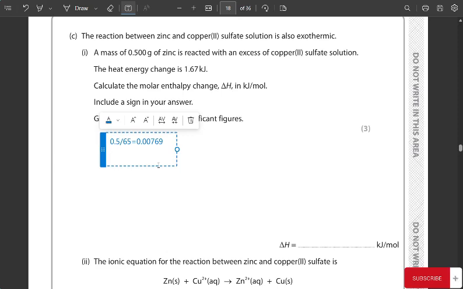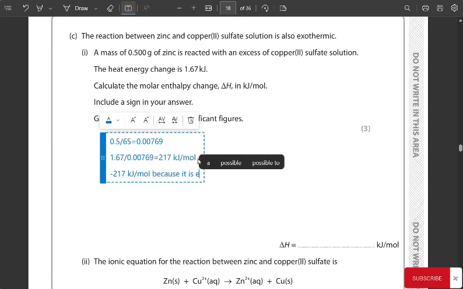The heat energy change is equal to 1.67 kilojoules, and we divide it by the moles, 0.00769, and it equals 217 kilojoules per mole, and our final answer should be minus 217 kilojoules per mole, because it is an exothermic reaction.